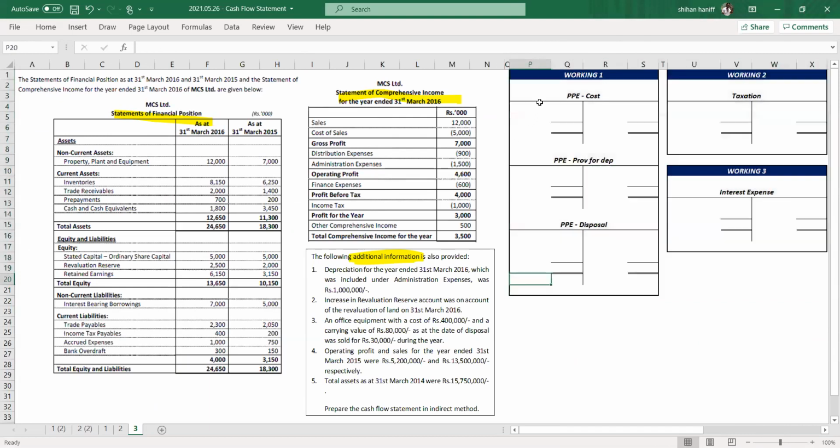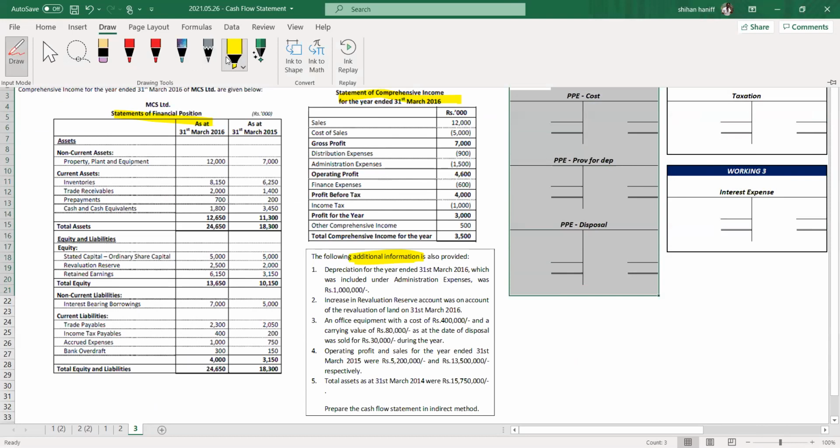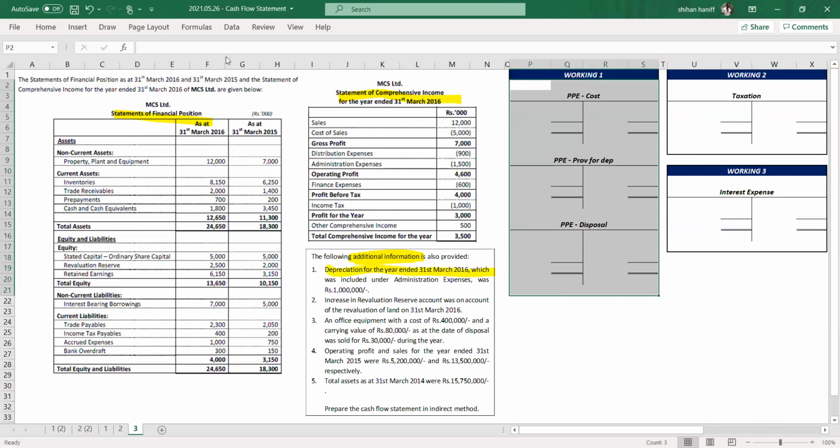Okay. So we can start with the PPE. Depreciation for the year ended 31st March, which was included under administration expenses, was 1 million. So on administration expense, there is depreciation of 1 million. Total 1.5 million. Out of that, 1 million is depreciation.